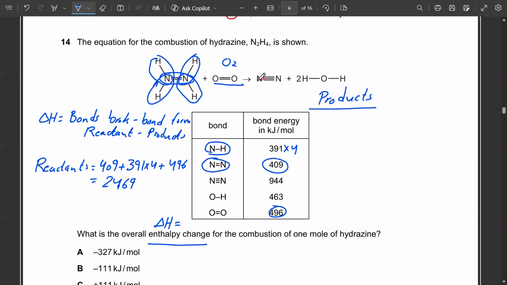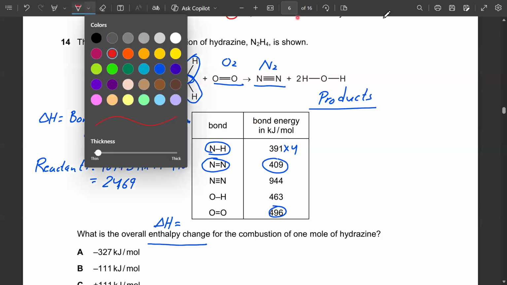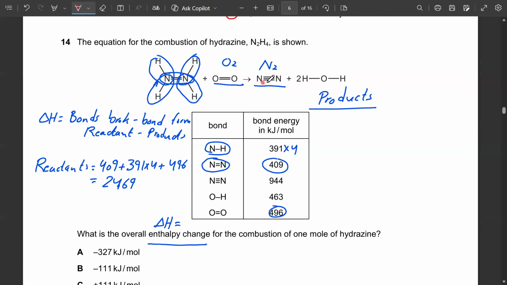So in the product side, we have the N2 molecule. This is N2, nitrogen triple covalent bond, nitrogen. I will use red color for the product side. So N2 is equivalent to 944. So 944, plus we have two water molecules here. This is H2O. So in one H2O, we have two bonds of OH and we have 2 moles of water, which means we have 4 times the OH bonds.